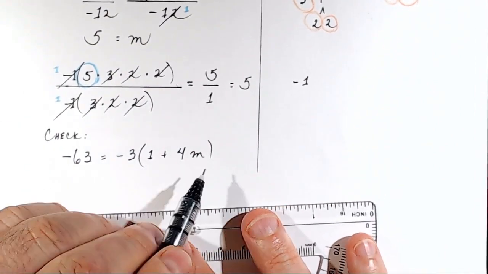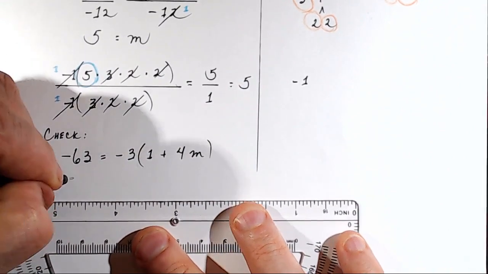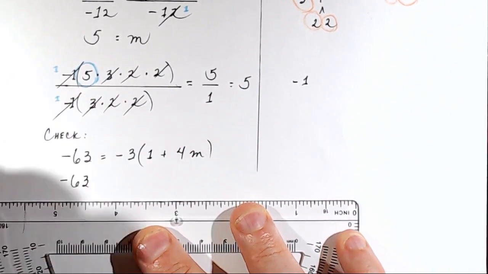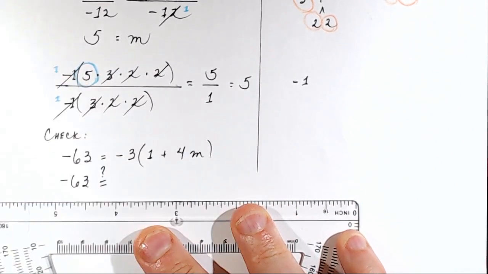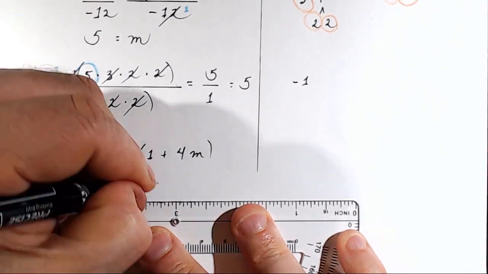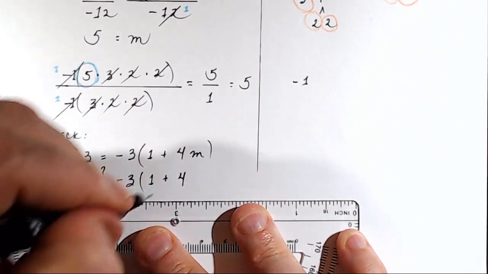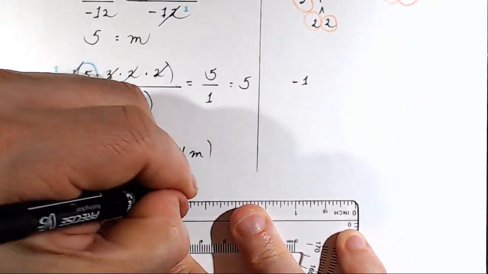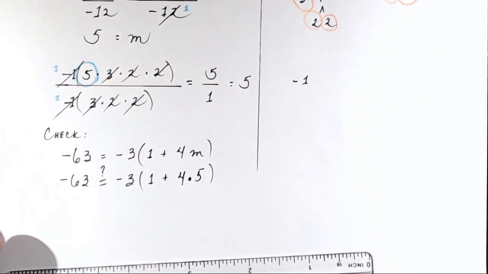Okay, and now we're going to substitute for m 5. So let's see what that looks like. We rewrite negative 63 because nothing happened to the left, and we're going to ask ourselves a question. Does negative 63 equal negative 3, open parentheses, 1 plus 4 times 5, close parentheses? Okay, that's what we want to know.